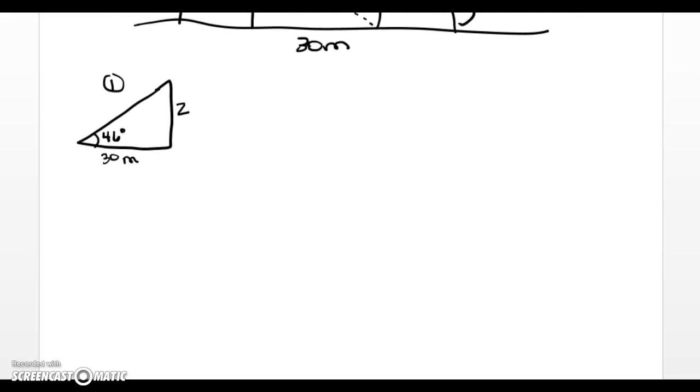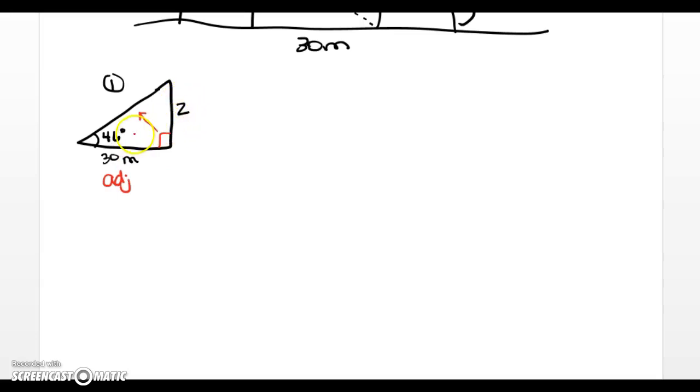Now, to figure out what kind of ratio I should use, whether it's sine, cos, or tan, I'm going to label my sides, and that will help me immensely. This 30 meters here is not your hypotenuse, because your hypotenuse is across from that 90-degree angle. This side is part of creating that angle, but it is not your hypotenuse, which means it's your adjacent.